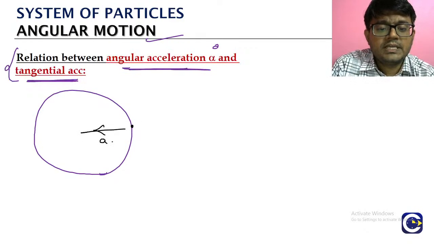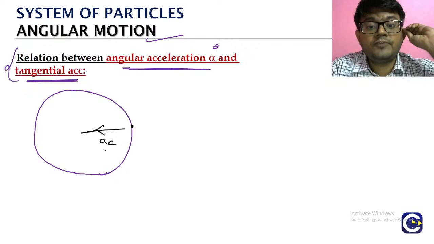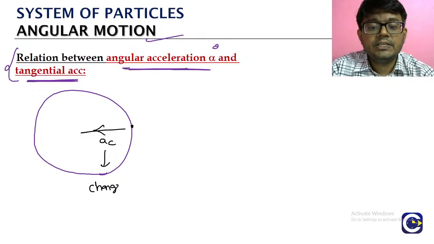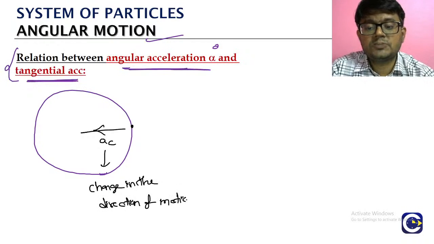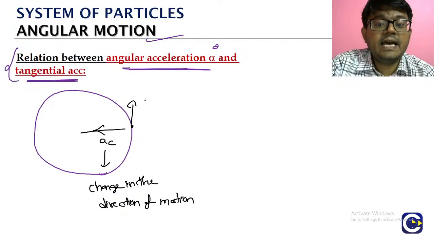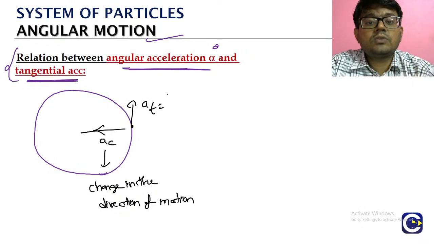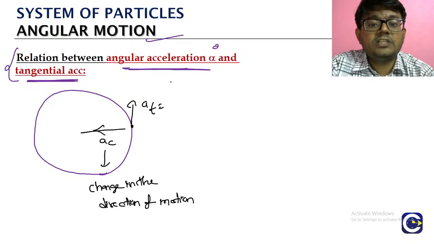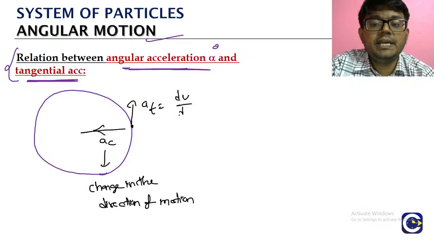One is the acceleration responsible for the change in direction of motion. What is the name we give it? Centripetal acceleration. Second, the acceleration related to the rate of change of speed, which is dv by dt. This is the tangential acceleration.